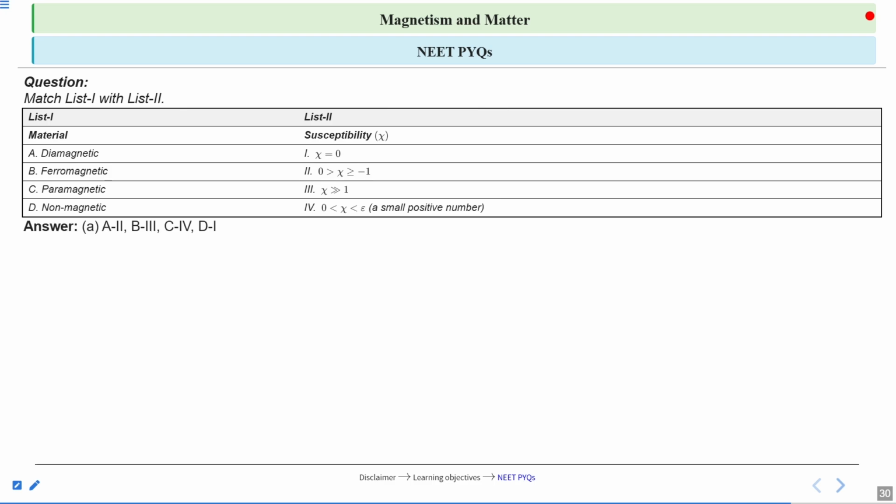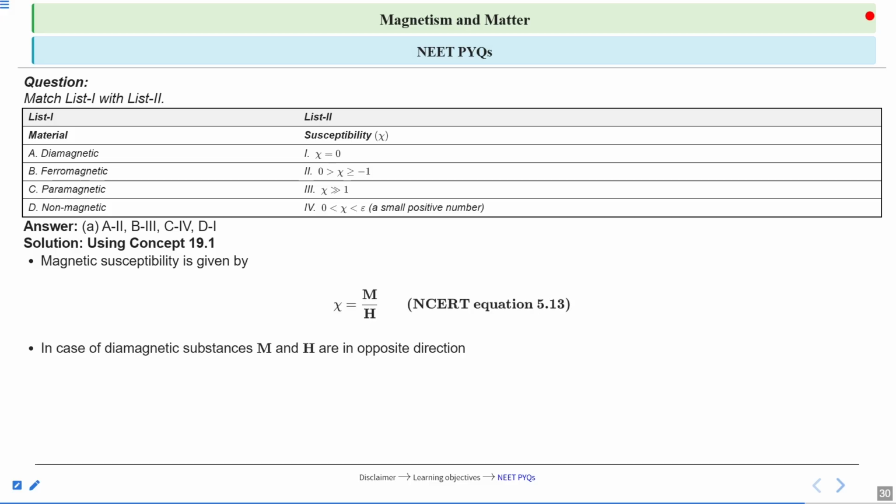Let's see the solution. The correct option is A: A with second, B with third, C with fourth, and D with first. Using concept 19.1, magnetic susceptibility is given by chi equal to M upon H, NCERT equation 5.13. In diamagnetic substances, as we discussed in our previous question also, M and H are in opposite directions.